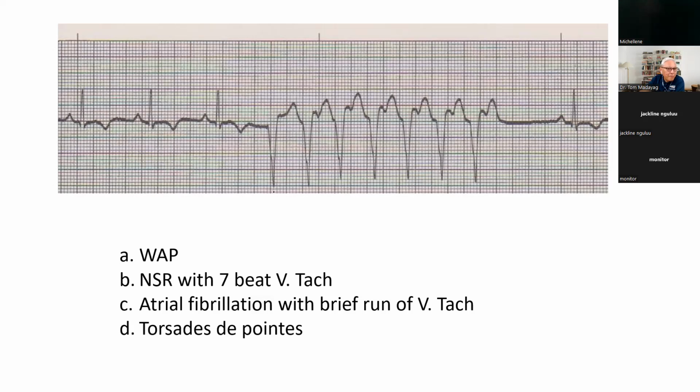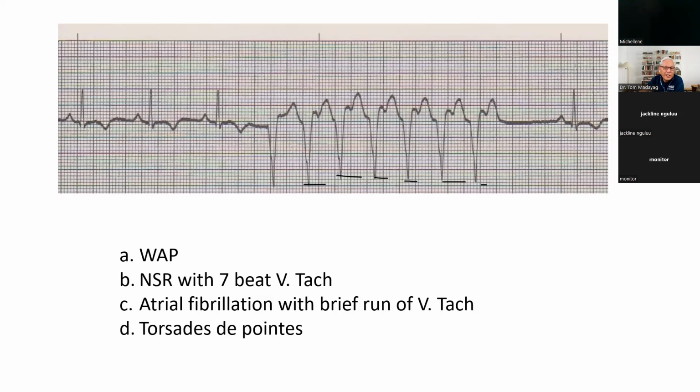We said that more than 3 PVCs in a row is considered to be ventricular tachycardia. And such is what we have here. We have 1, 2, 3, 4, 5, 6, 7 beats of what appears to be wide QRS complexes.